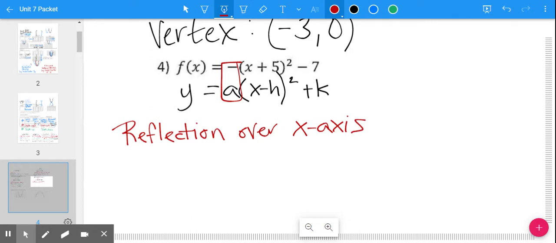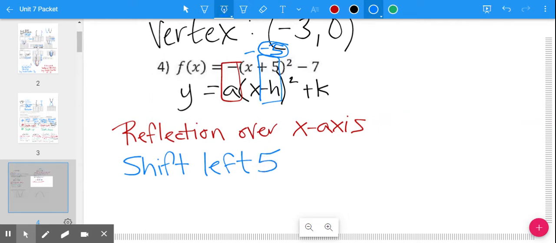And because it's a 1, it's not a vertical nor horizontal stretch. Looking at the h value, how do we turn -h into a +5? And that's if you're subtracting a -5. So your h value is that -5, which means we shift left 5.